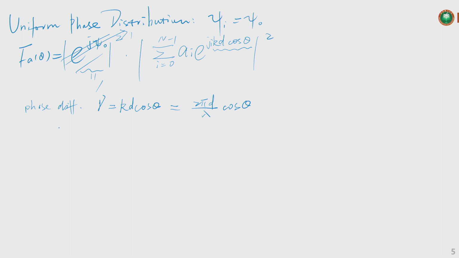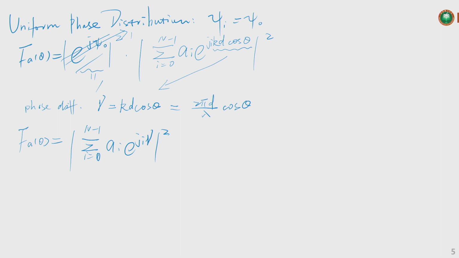Then our array factor can be represented as the sum over i equals 0 to n-1 of a_i e^{jiγ}, squared. Why do we want to use a phase difference to represent this part? Because it's more convenient for further calculations.